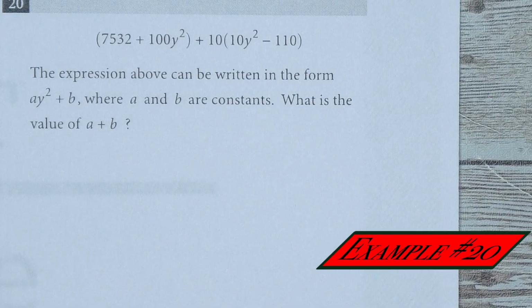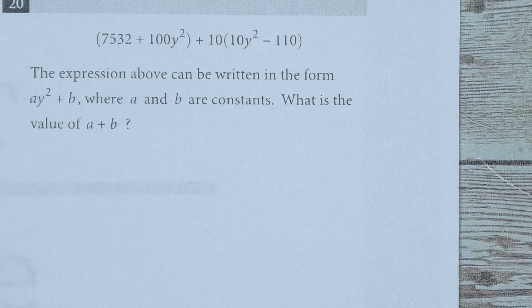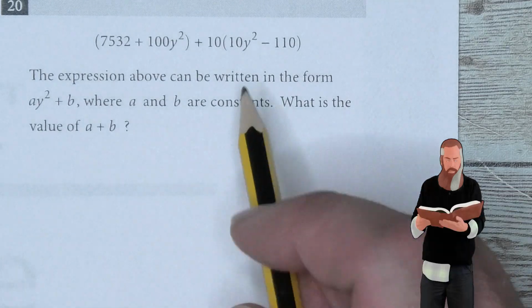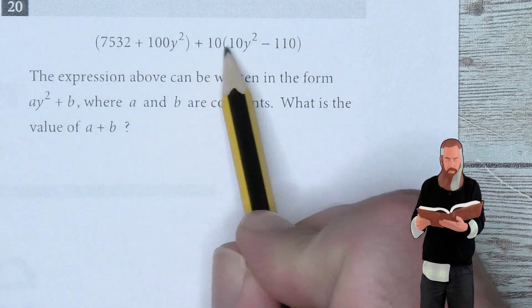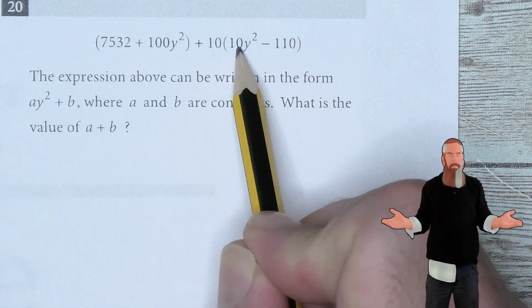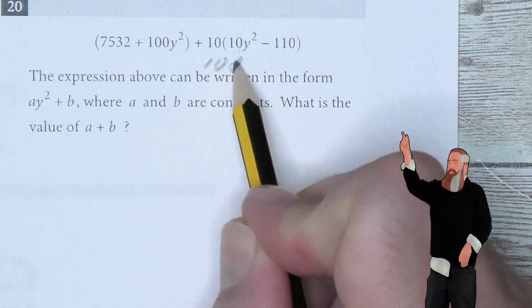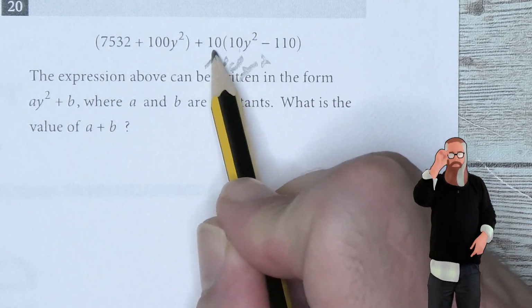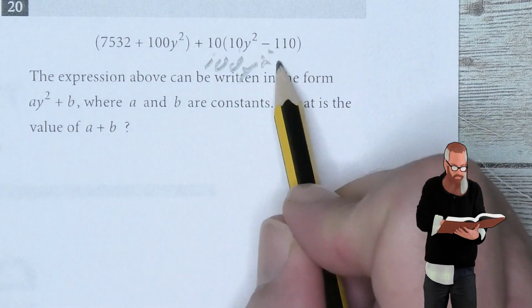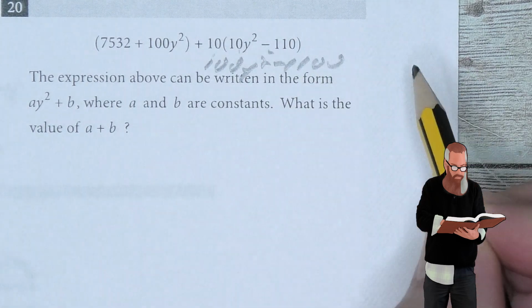The expression above can be written in the form ay squared plus b, where a and b are constants. What is the value of a plus b? Let's give ourselves a little bit of a head start here by getting rid of some parentheses. So 10 times 10y squared is 100y squared. And 10 times negative 110 is a negative 1100.